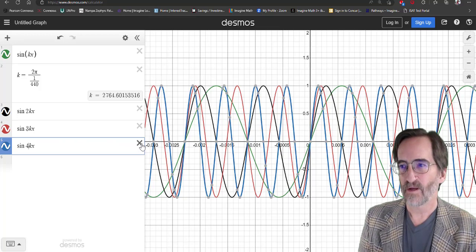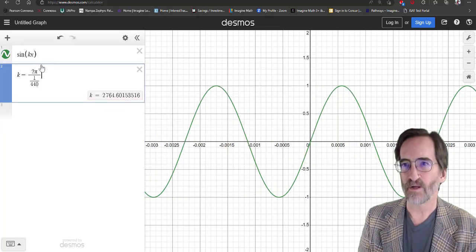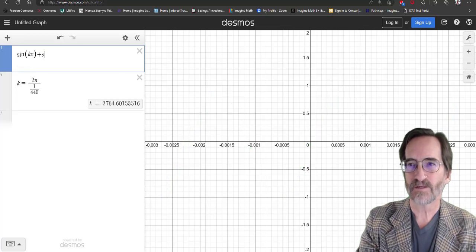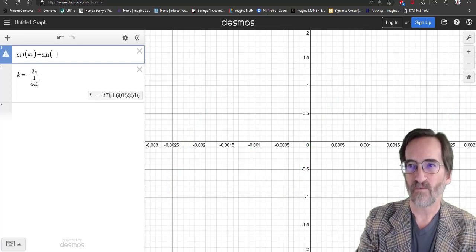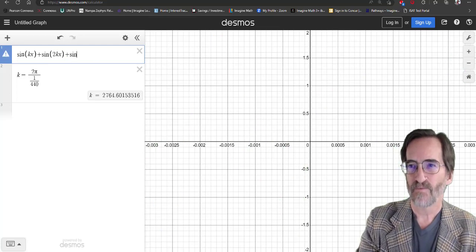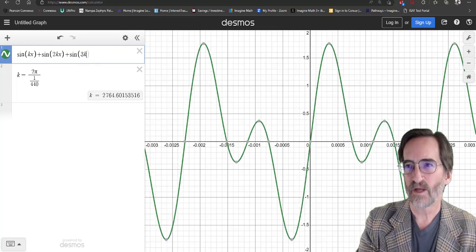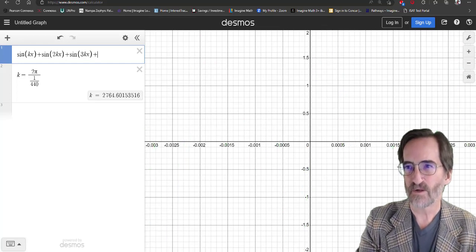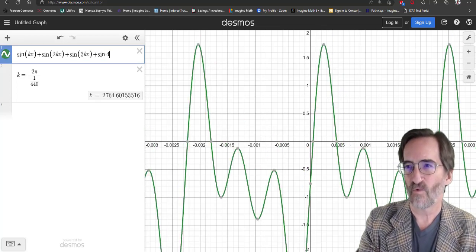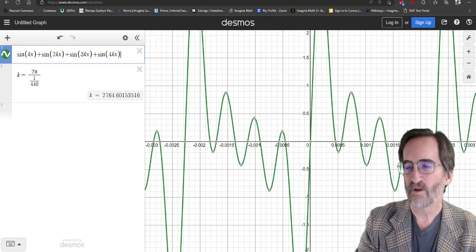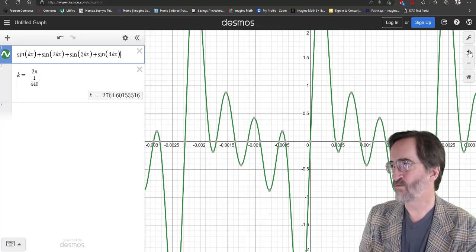So let's go back to the original one here, and let's add sine kx plus sine 2kx plus sine 3kx, and you can see the signal changes shape as we go, plus sine 4kx, and you can imagine adding a whole bunch of these here.